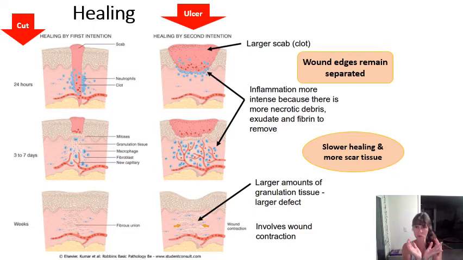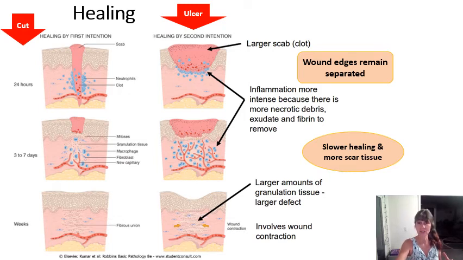Sometimes people have wounds that occur from within, where tissue dies underneath, such as an ulcer, or sometimes a large wound may occur. And a large wound, such as an ulcer or a big wound like occurred on my thumb, is going to require something called healing by second intention, where a much larger scab occurs and the wound edges remain separated.